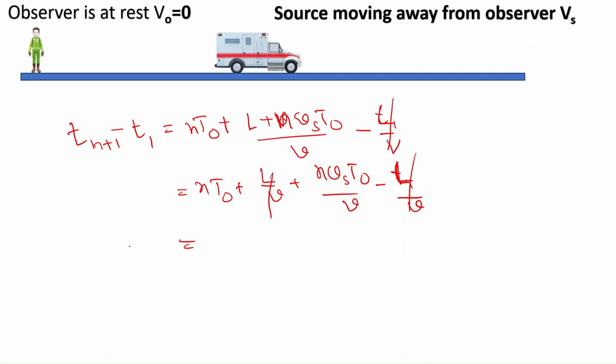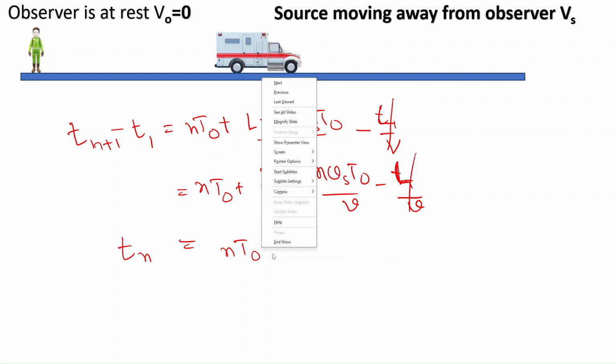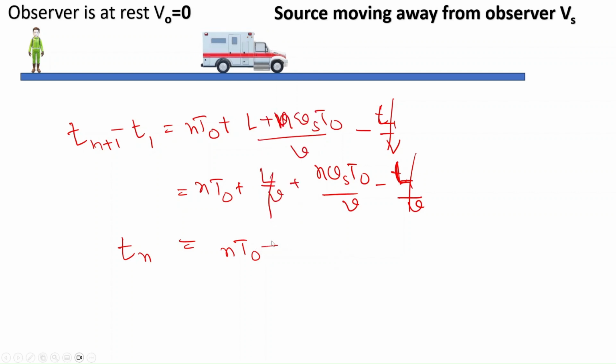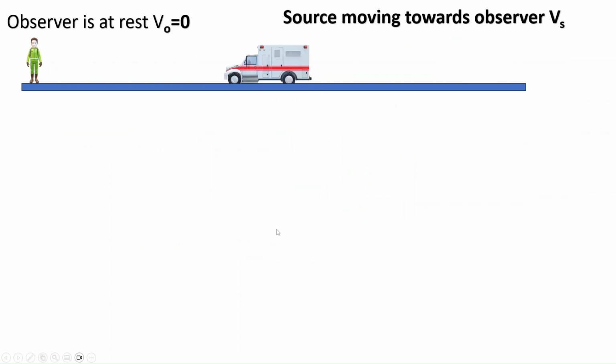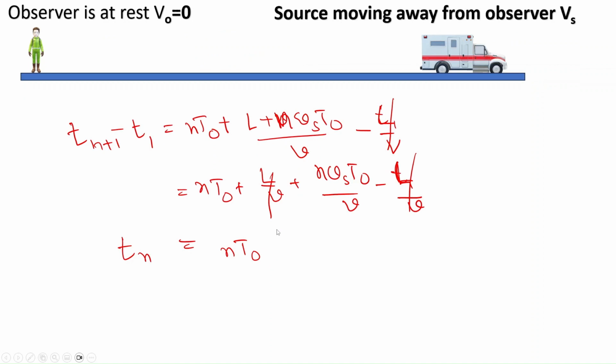This implies tn is equal to n t0 plus n Vs t0 by V. If this is tn but we need t, then t is equal to tn by n.